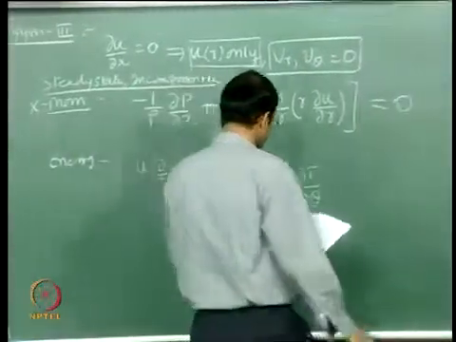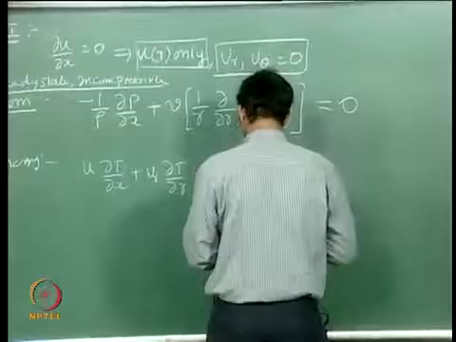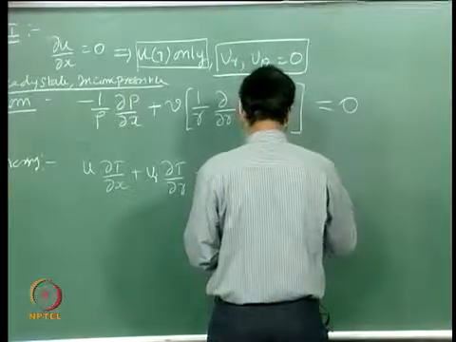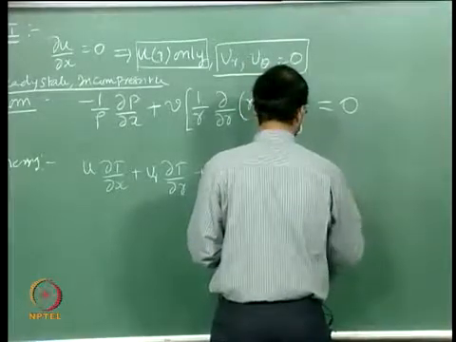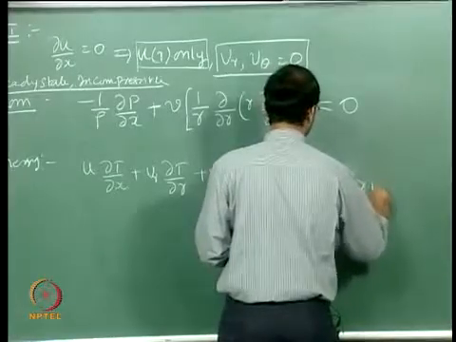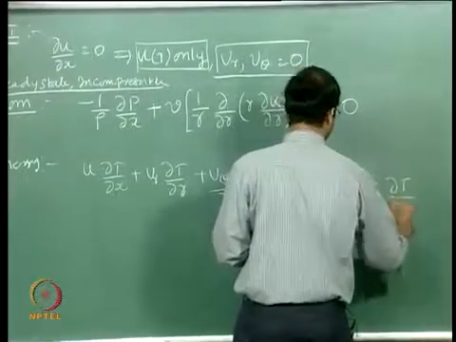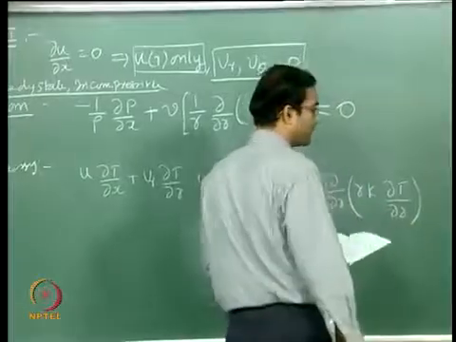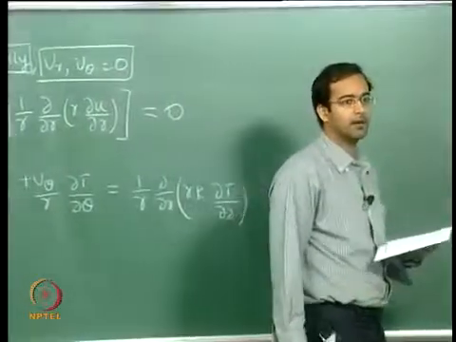So this should be equal to the diffusion terms, that is 1 by r d by dr into r into k dT by dr. This is your diffusion term along the radial coordinate.